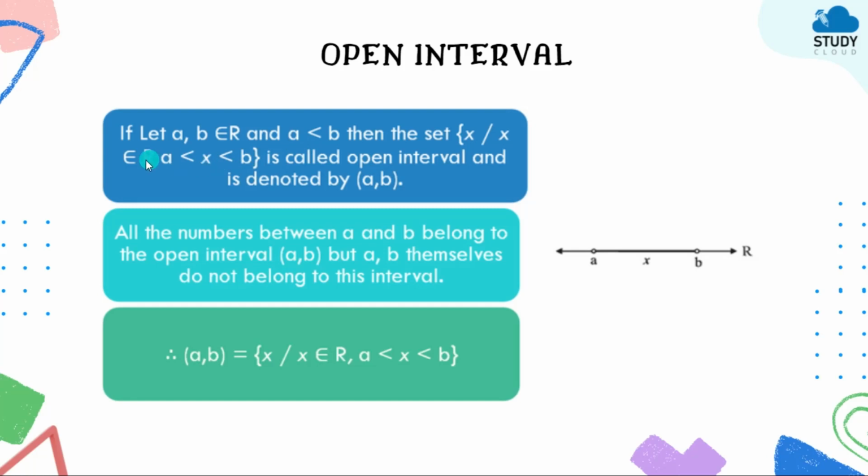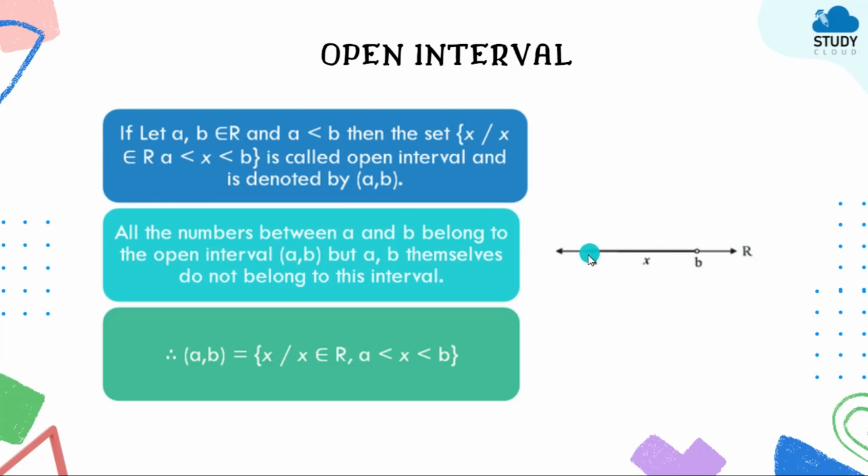Write A at one point, write B at another point. In between you have to write X and make this sign of less than, like this. This is called open interval and is denoted by (A, B), like this.